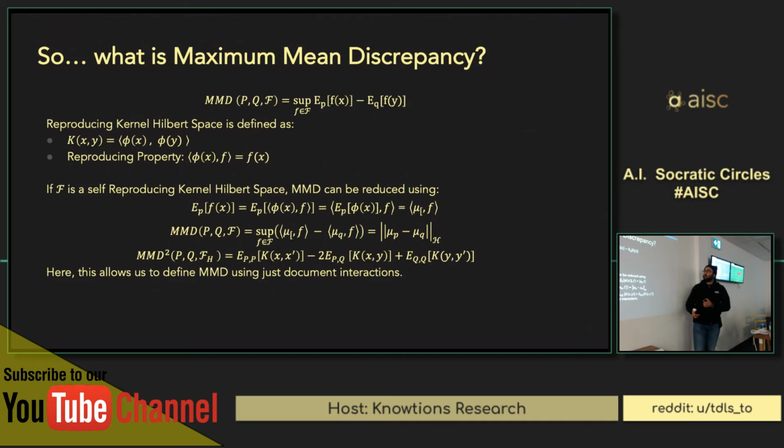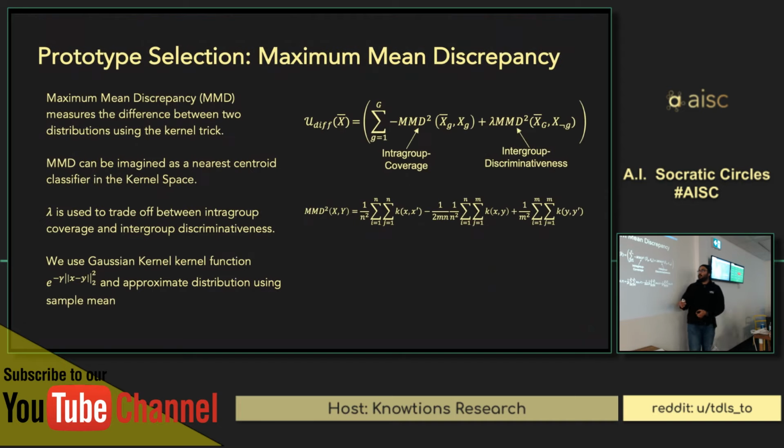The first thing they're trying to do is make sure that the MMD, the discrepancy between the prototypes and the group from which the prototype is taken, is low. So we have a negative of MMD squared of xg bar and xg. This captures the similarity between the prototypes and the rest of the documents in that group.